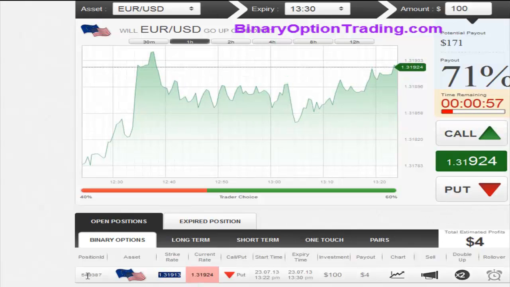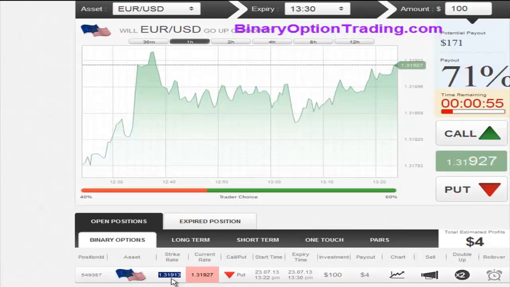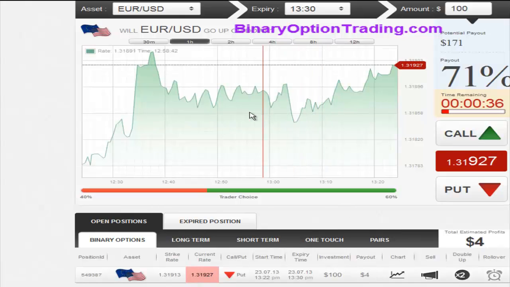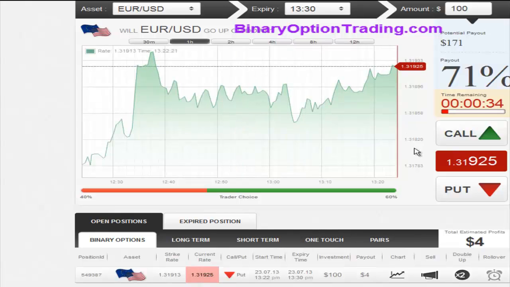And down here, you can see your position, Euro USD, in at 1.31913. It's currently at 1.31928, so it is currently against us. It's at 9:30 p.m. Investment is 100. Payout is 4. So obviously the price has moved against us, but we do have about 5 minutes to go, 5.5 minutes.